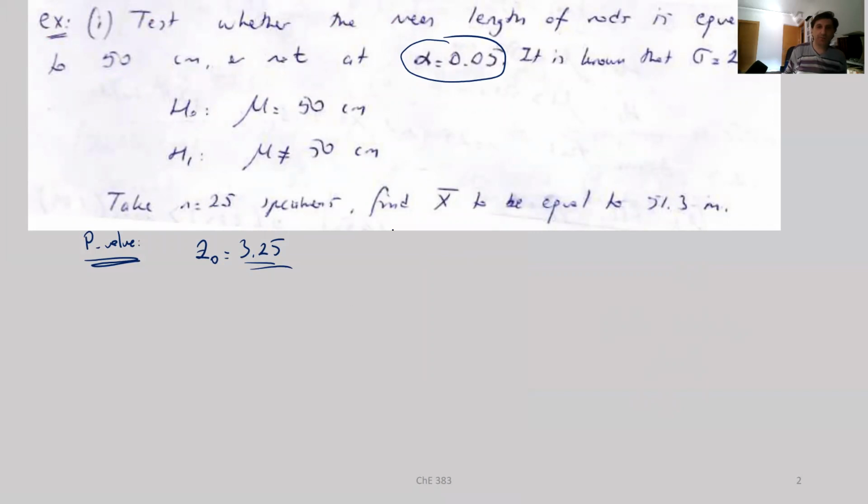So the p-value is going to be equal to 2 times 1 minus the cumulative distribution function evaluated at 3.25 in absolute value.